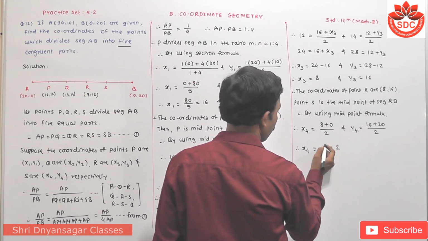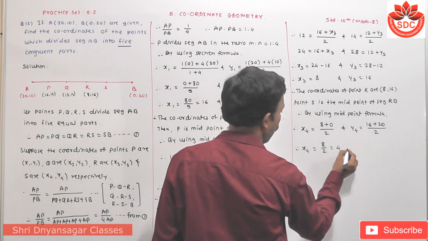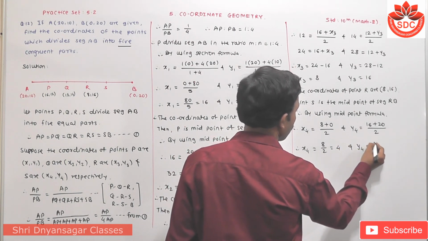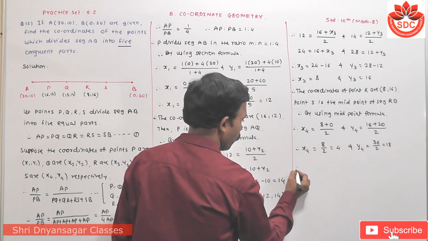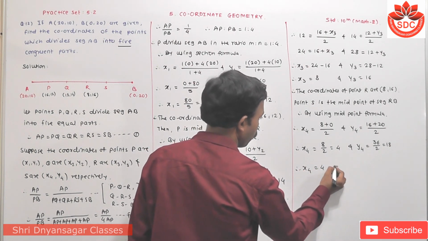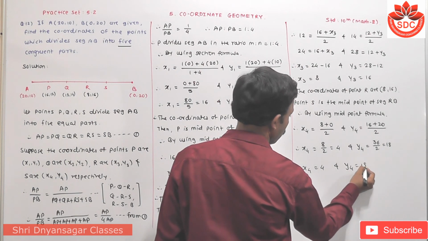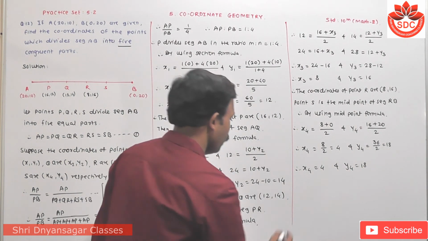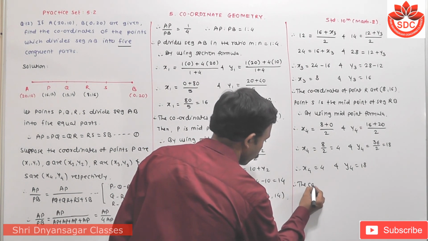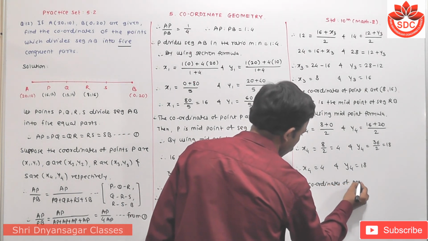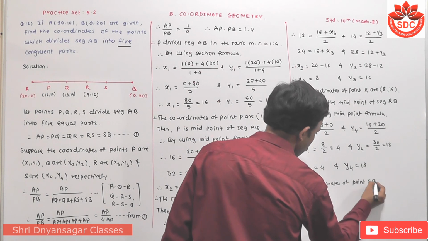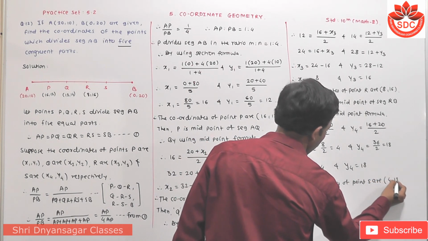Sorry, 8 upon 2 is equal to 4, and y4 is equal to 36 upon 2, which is 80. Therefore, x4 is equal to 4 and y4 is equal to 80. Therefore, the coordinates of point S are 4 and 80.